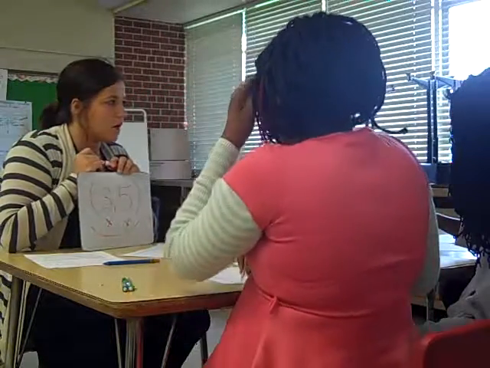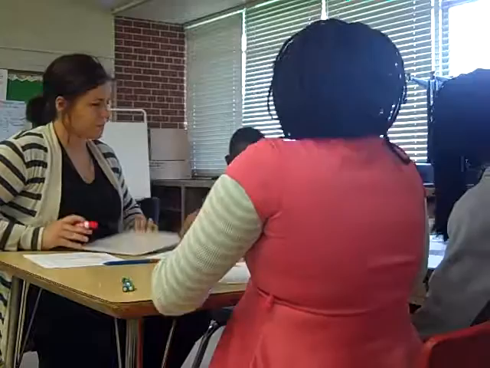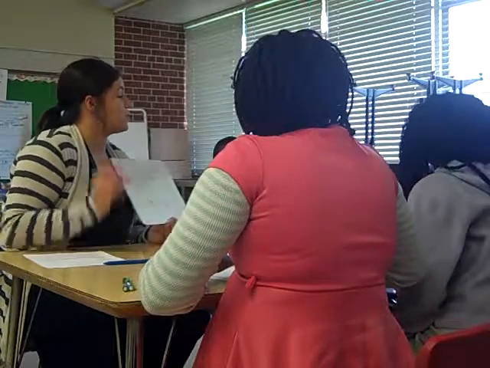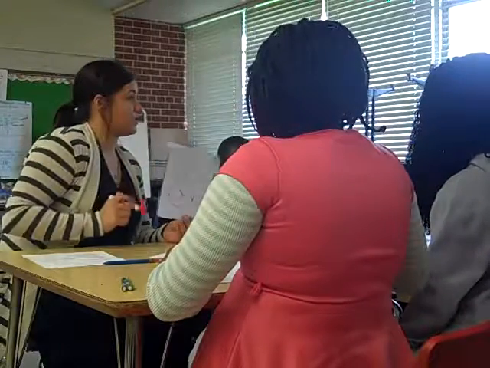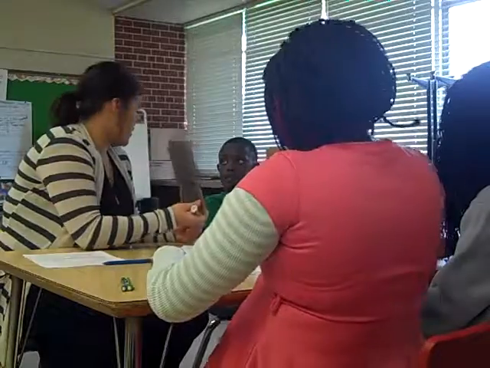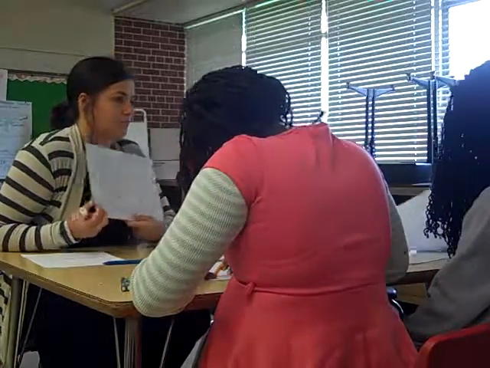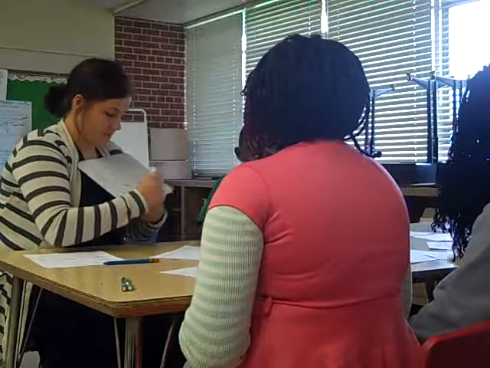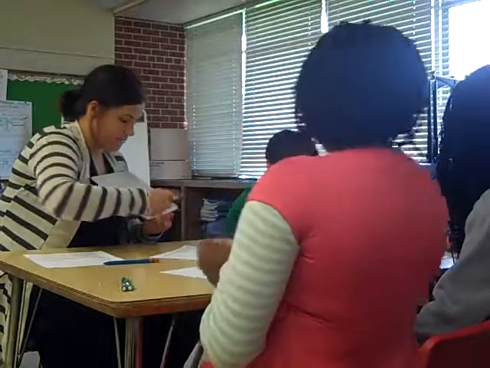So would I go over or would I go up first? Up. Why do you say up, Calvin? Because X is first. So do I go over? If X is first, do I go over or do I go up? What do you think, Tina? Remember, Calvin, when we labeled the X and Y axis?